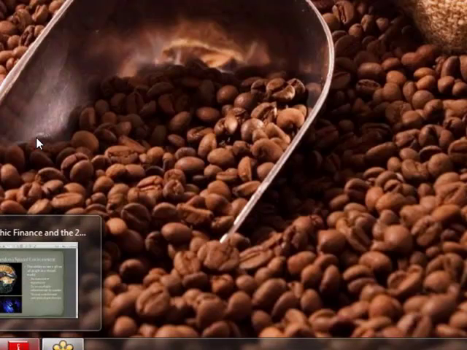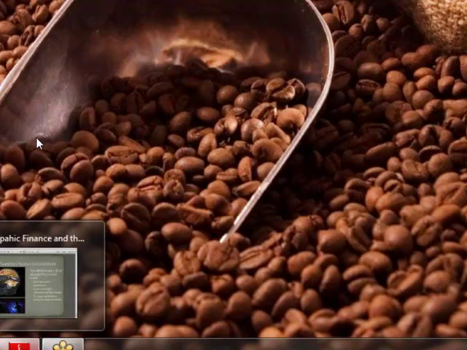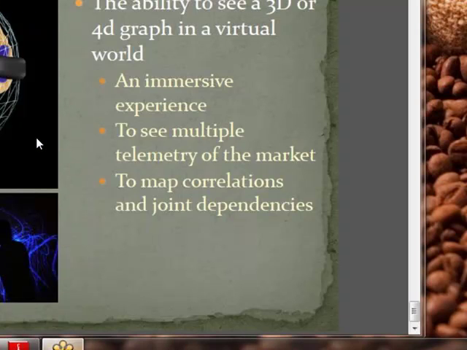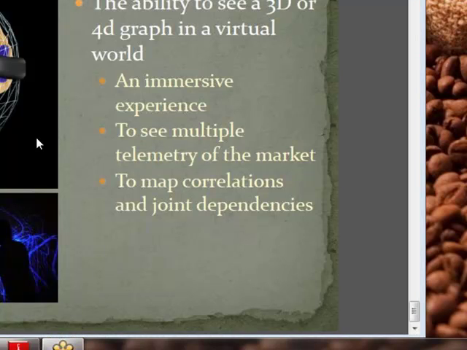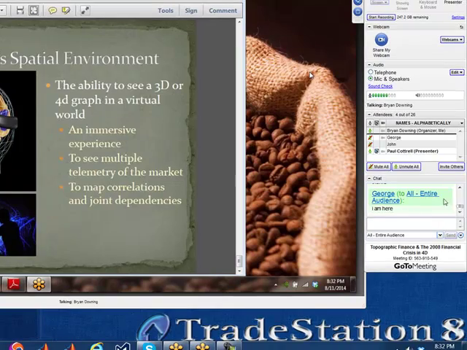But the question I had for the group is, for the ones that are still online, how many are there? Four? Do you see the benefits of virtual reality in trading? I'm sure George will be, or John.